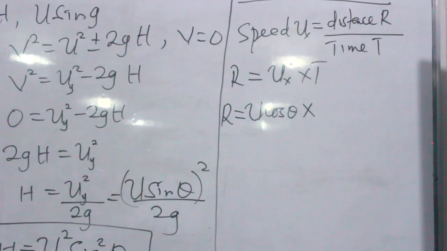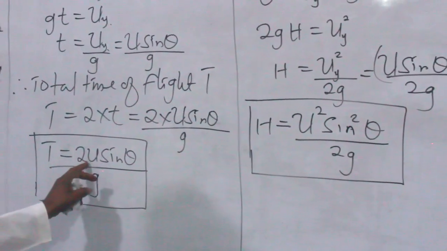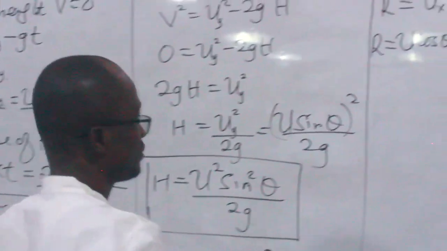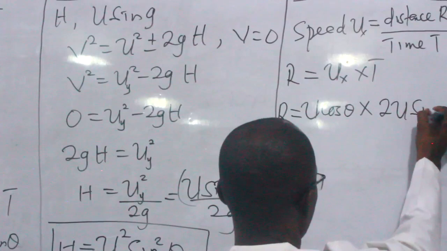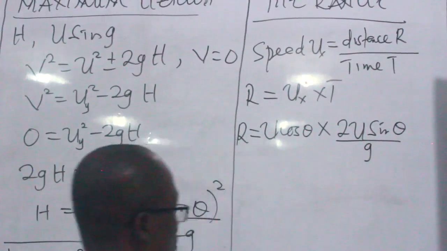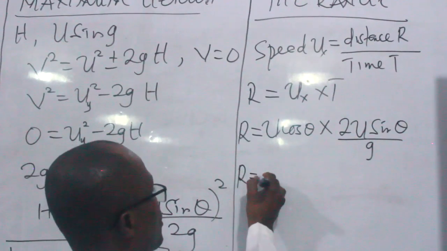Time of flight here is given by t equals 2u sine theta over g. So we have 2u sine theta over g.